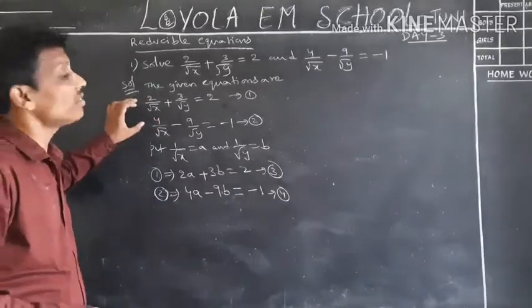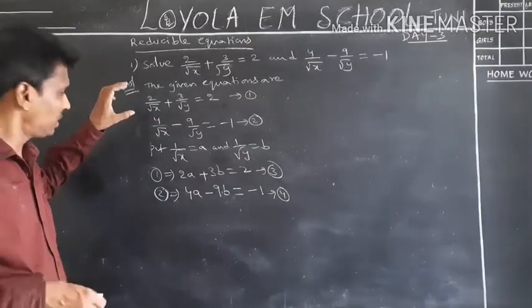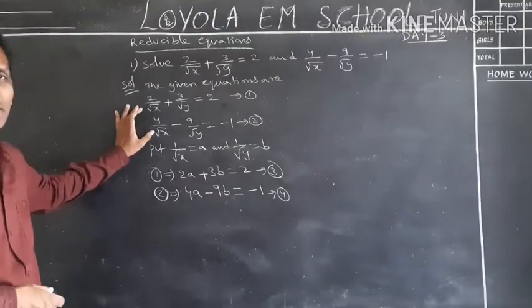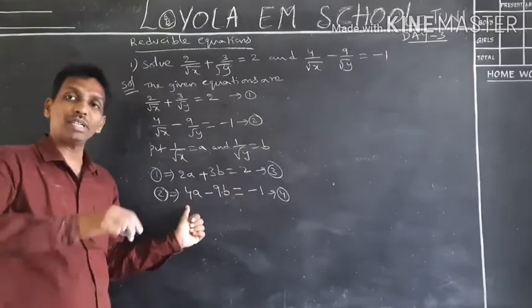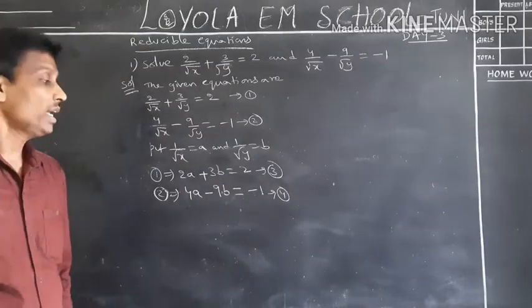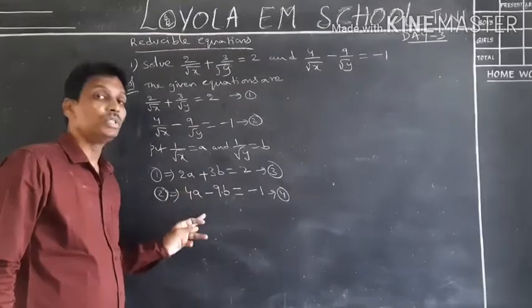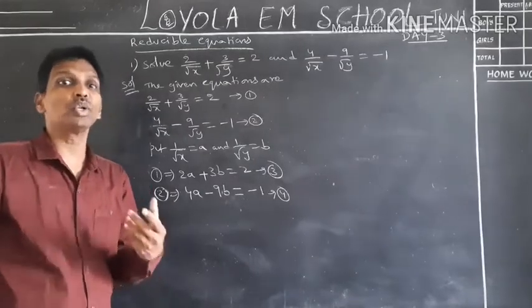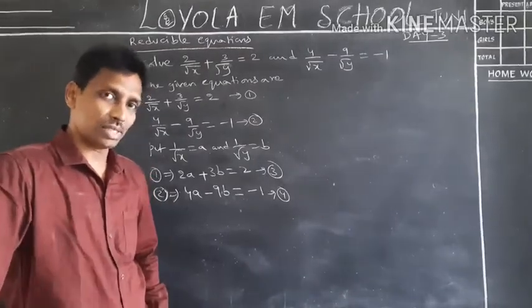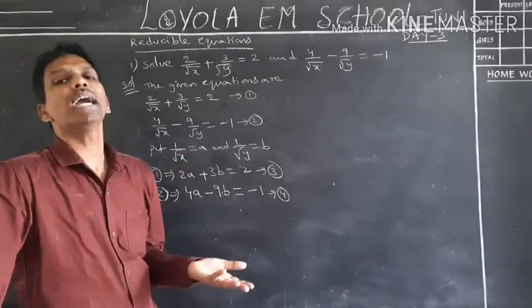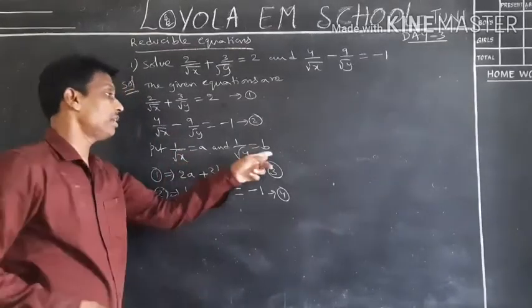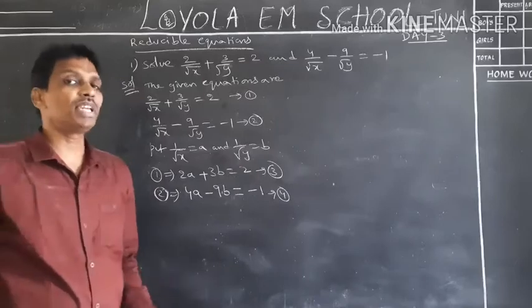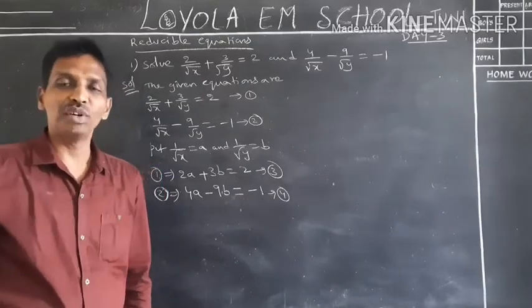It is too difficult to solve these equations in the original manner, so we convert them in terms of a and b. Now we would like to solve these two equations. That means we want to know the values of a and b. After getting the a and b values, we equate the a value to 1 by root x and the b value to 1 by root y. Then we come to know the values of x and y.